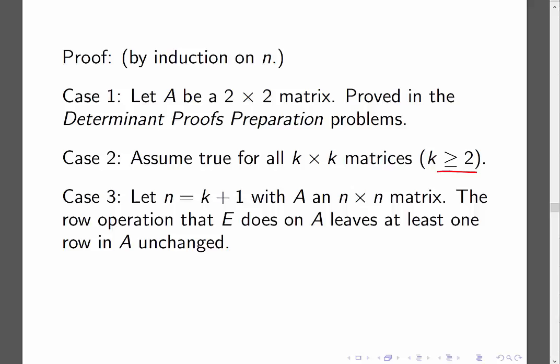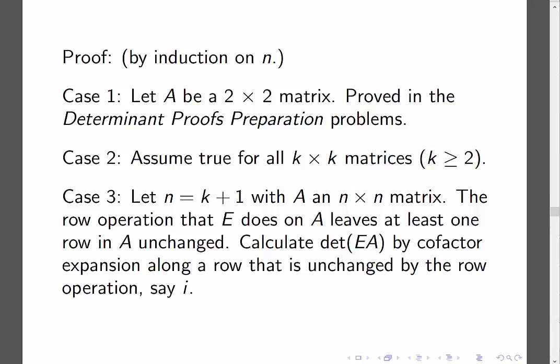So we're talking about matrices that are 3 by 3 and bigger. For all those kinds of matrices, at least one row is left unchanged by a row operation. If you swap 2 rows, there's a row that didn't get swapped. And what we'll do is look at cofactor expansion along one of the rows that is left unchanged.